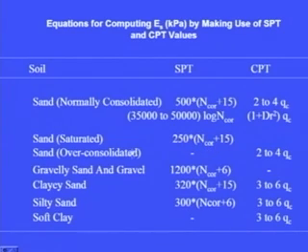In the case of over consolidated sand, it can be taken as 2 to 4 of qc. If we have gravelly sand and gravels, then we can use 1200 into (N corrected plus 6). If we have clayey sand, then 320 into (N corrected plus 15) or 3 to 6 times of qc. Silty sand, 300 into (N corrected plus 6) or 3 to 6 times of qc, and if we have soft clay, then 3 to 6 times of qc.